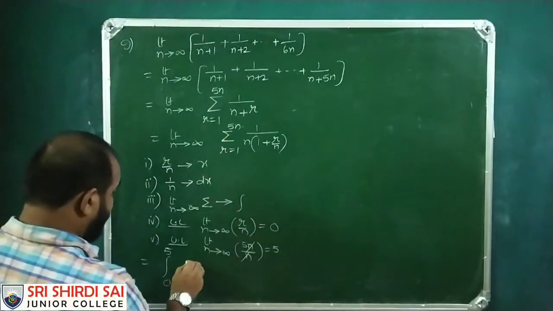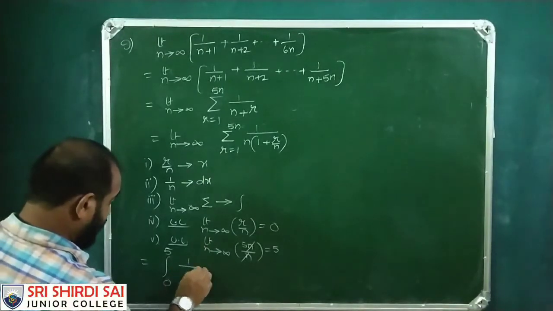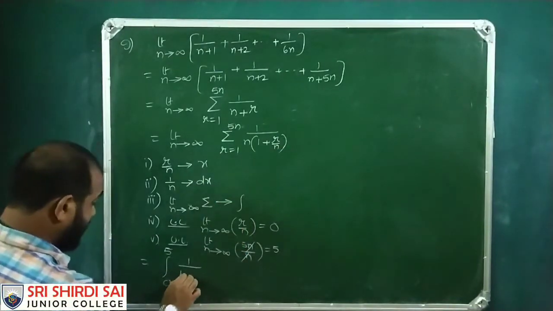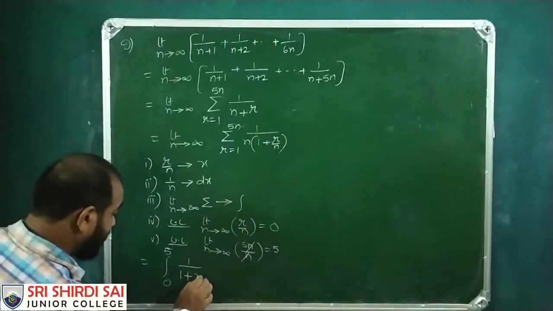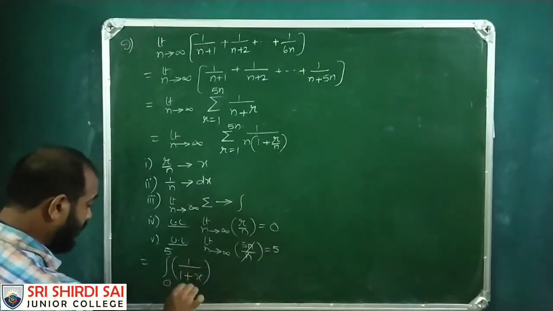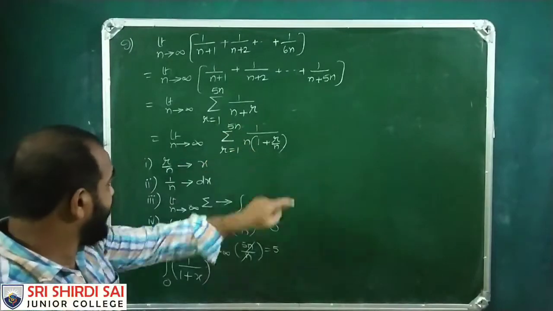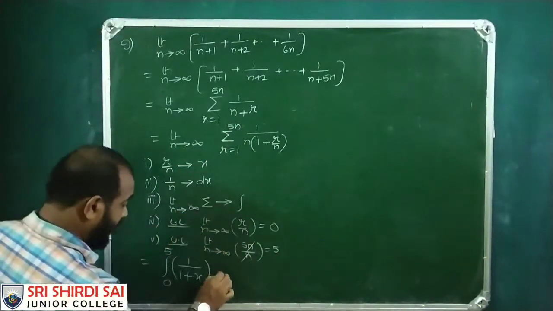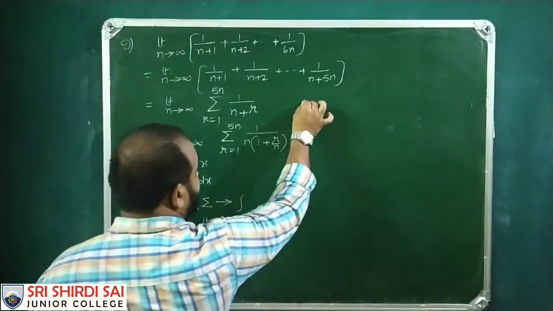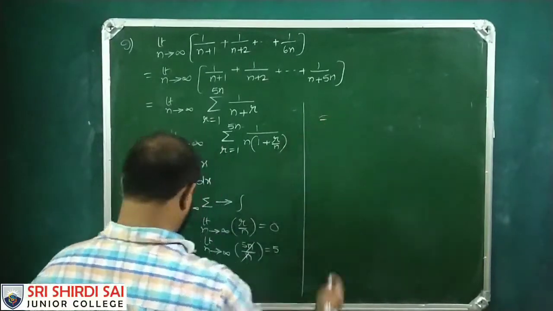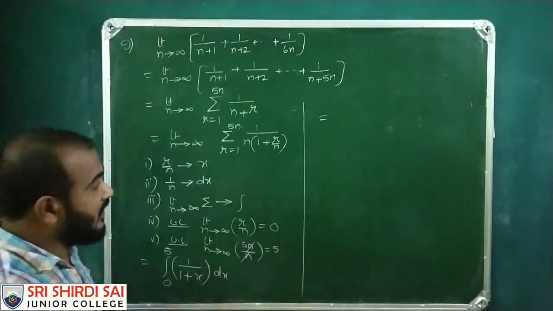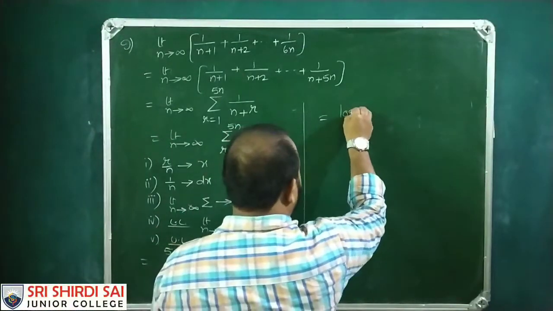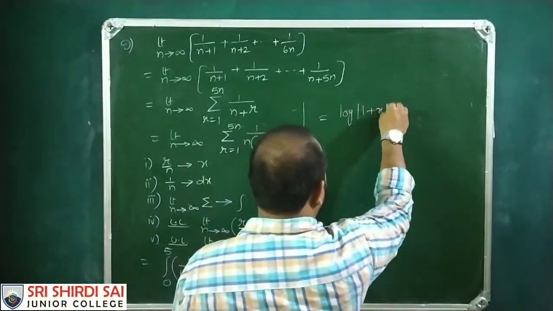and 1 by 1 plus r by n is to be replaced with x into, this is 1 by n. 1 by n is to be replaced with dx. So this is equals to, we know integral 1 by 1 plus x dx is log modulus of 1 plus x.